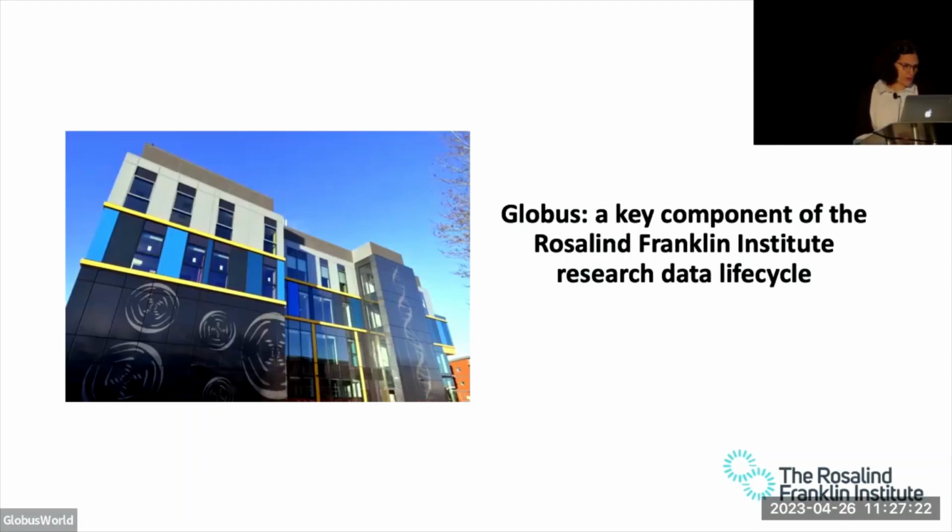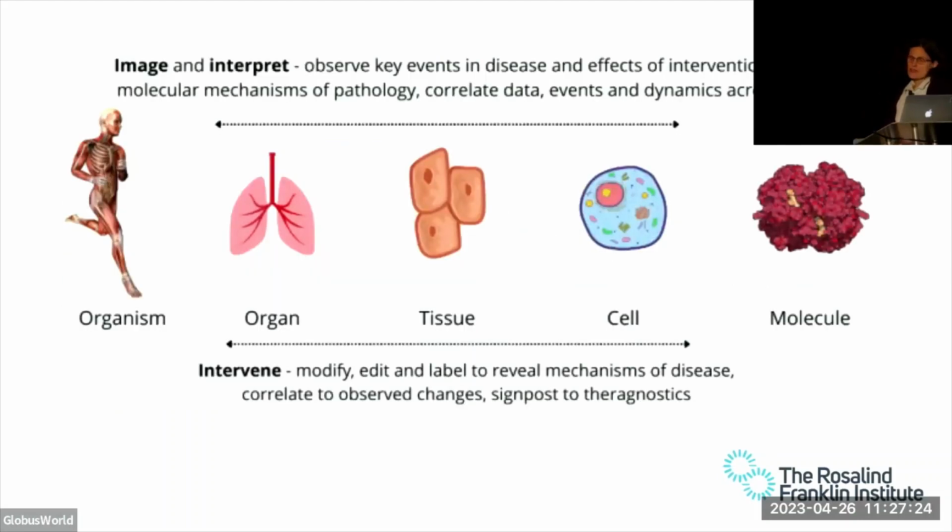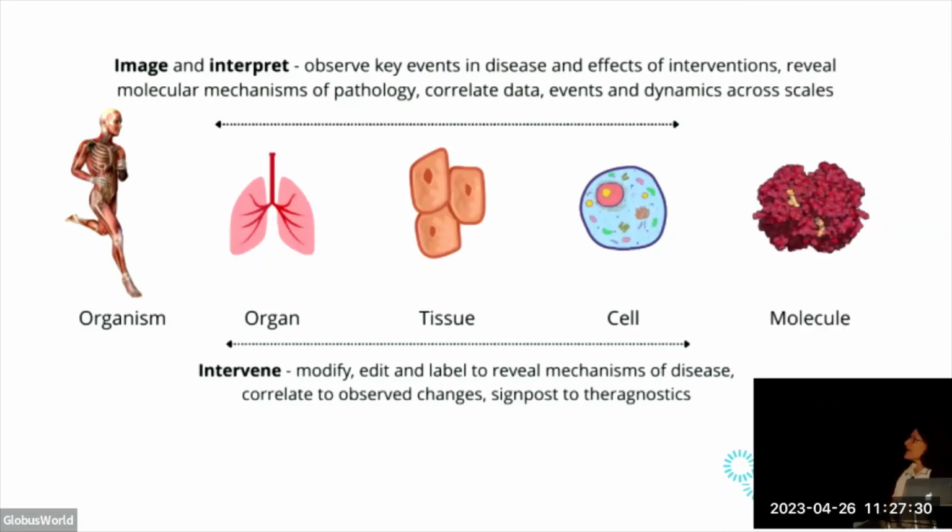Just a small introduction about what we do. The idea is to image, interpret, and also intervene. Those are the three keywords. We work with life scientists and biologists, and the idea is to look at the scale from the organ, tissue, and cell.